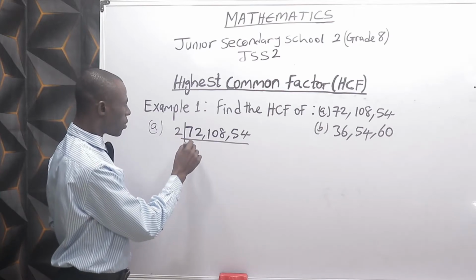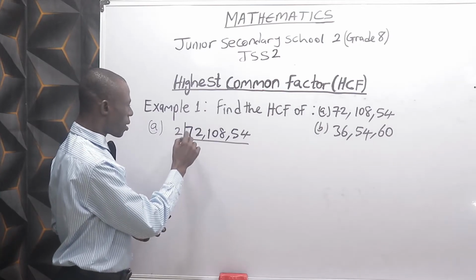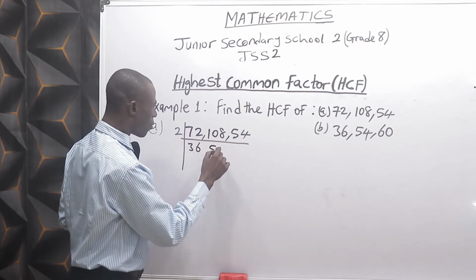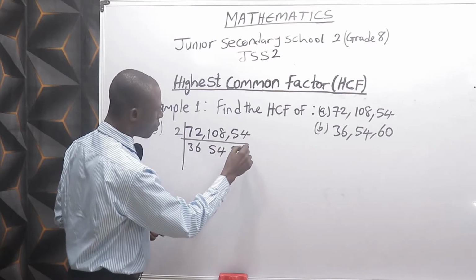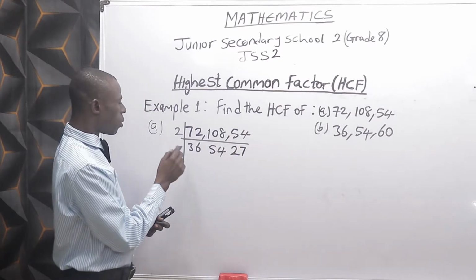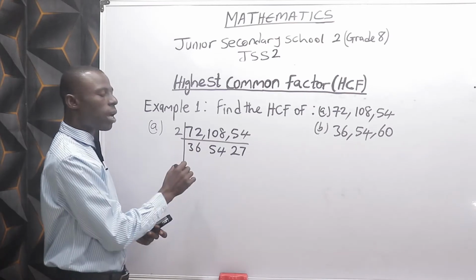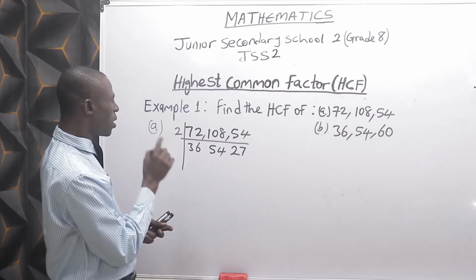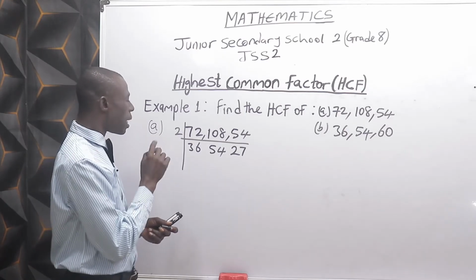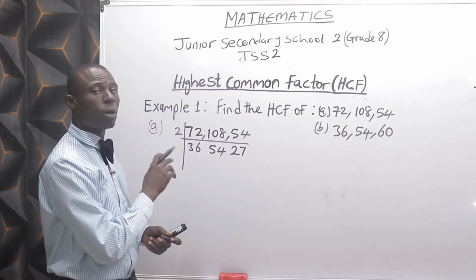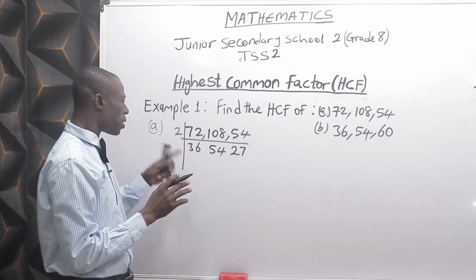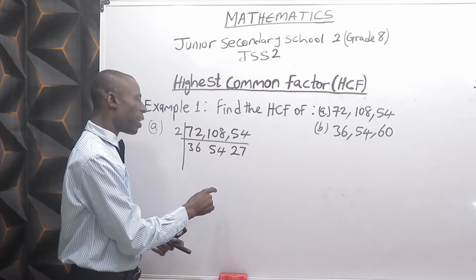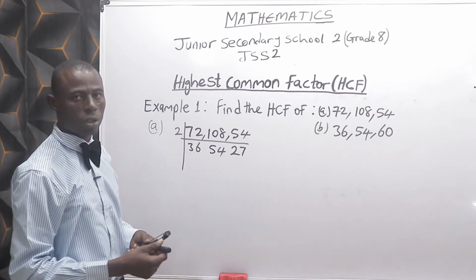2 goes in 72, in 7, 3, 6; 5, 4, 2, 7. 2 can no longer go in all, because when you are using the long division approach to find the HCF, the difference between HCF and LCM is that in LCM we use all the available prime factors, but in HCF we use only the prime factors that can divide all the numbers in consideration.